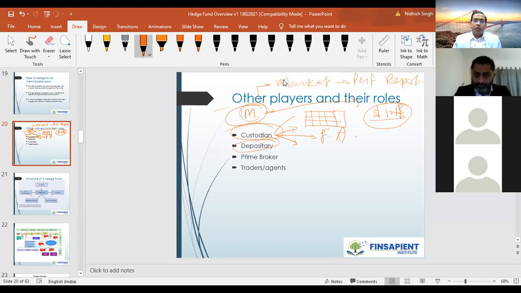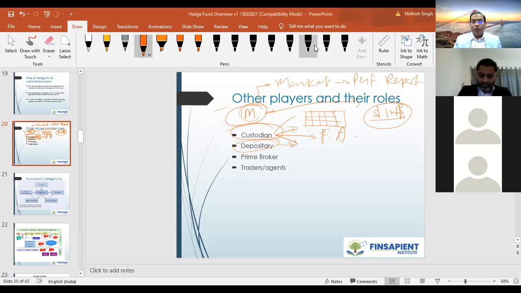Then comes the depository. After the trade takes place on a daily basis, it is also sent and verified by the depository. We will see this in more detail in the forthcoming slides. There is a regular and daily interaction between the traders of the security and the depository to confirm the positions which are bought or sold, both.